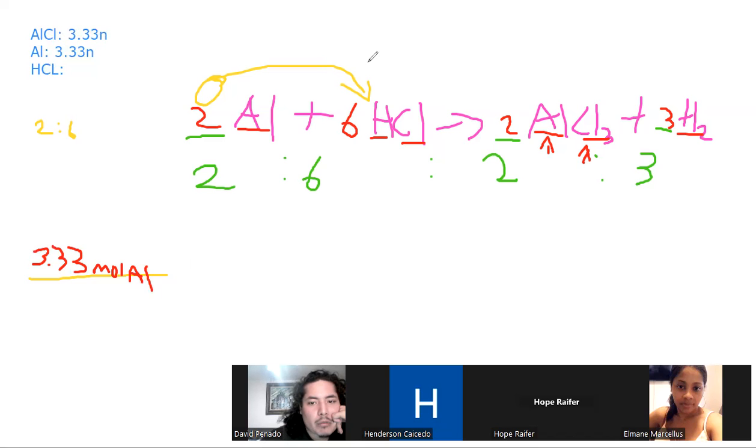Times 6 moles HCl divided by 2 moles of Al.